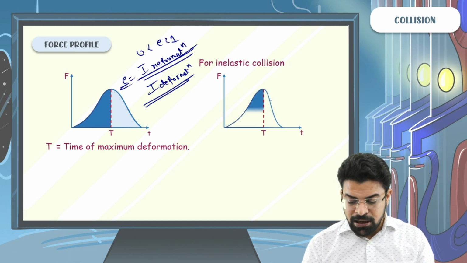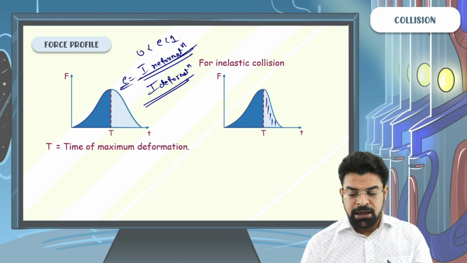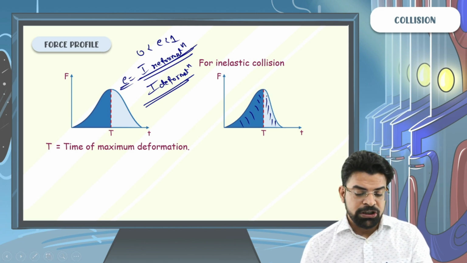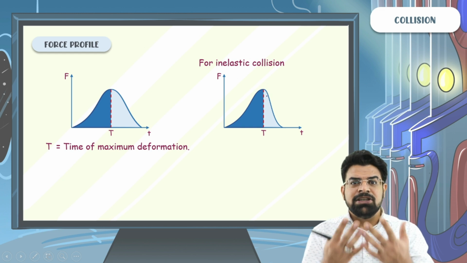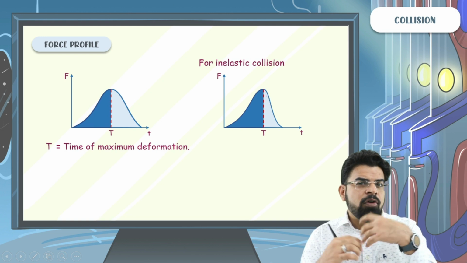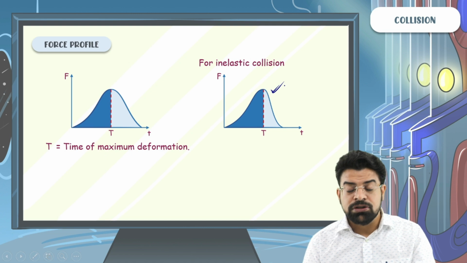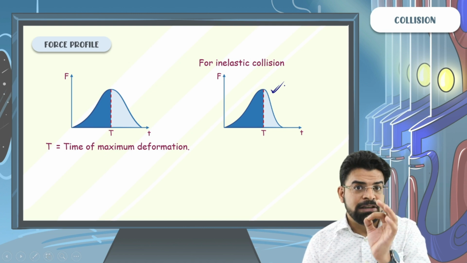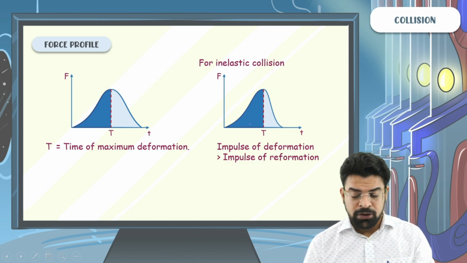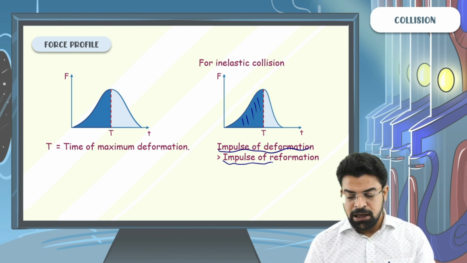The area under the graph during the reformation part is less than the area under the graph during the deformation part. Understand, in inelastic collision the bodies do not regain their complete shape, so the reformation is less than the deformation. So this is how the force profile looks for an inelastic collision. Here you can see impulse of deformation is greater than the impulse of reformation.